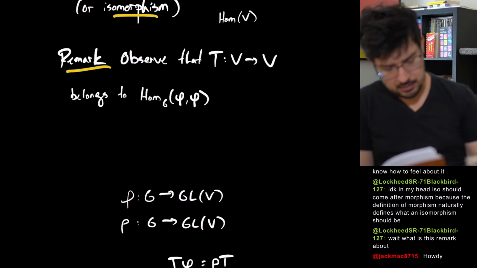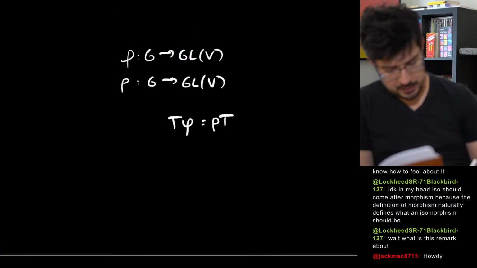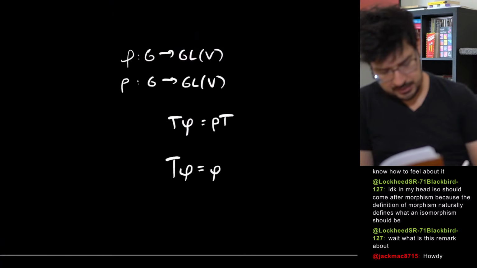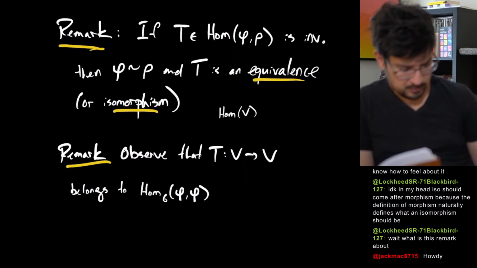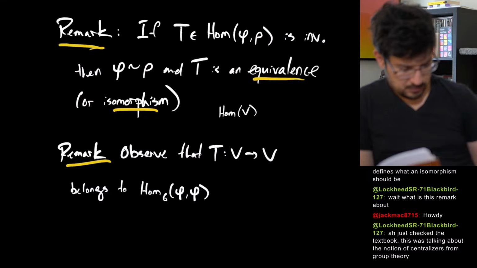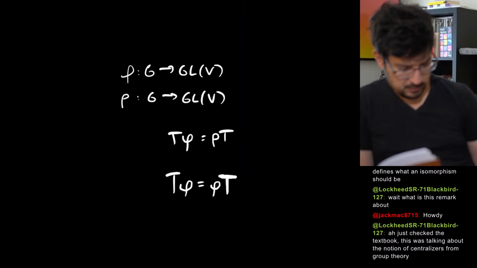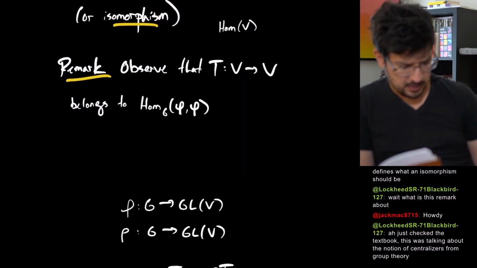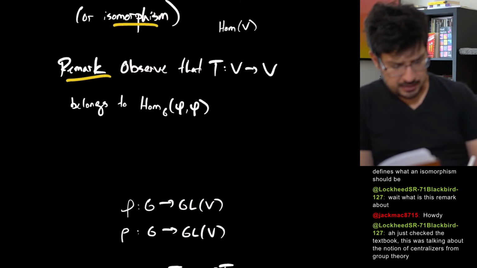Yeah, okay. Yeah, certainly, because then, of course, T phi equals phi T, right? Is that always okay? So, I mean, this set requires phi T equal T phi.